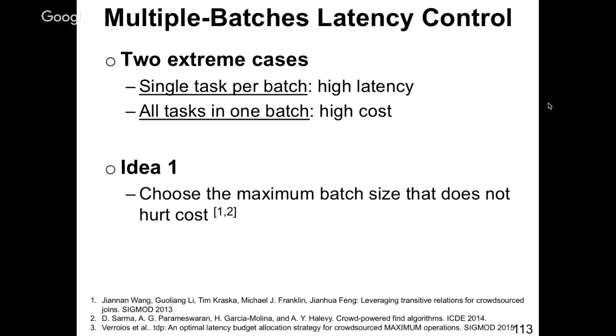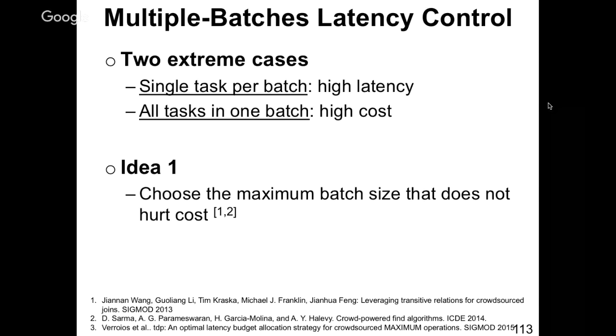So the question is how we can better balance between the 2 extreme cases. The first idea, based on an interesting observation, is: can we increase the number of tasks we publish per batch in the first situation without hurting the cost? For some problems, it works. For example, for answer deduction and the transitivity problem, it works. But for some problems, it will not work.